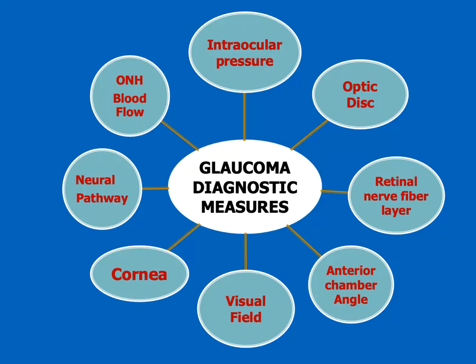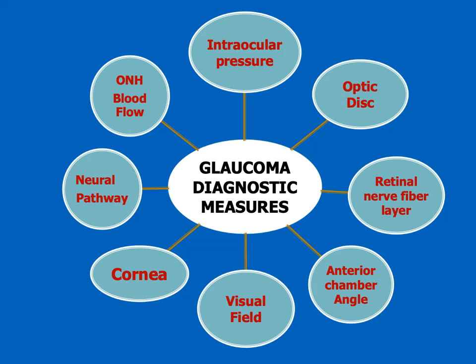Now we will move to the glaucoma diagnostic measures. How can we diagnose glaucoma? We diagnose glaucoma by examining first the intraocular pressure, the optic disc, the retinal nerve fiber layer, the anterior chamber angle, and then we do some investigations like testing the visual field, examining the cornea and corneal thickness, also the neural pathway, and also the optic nerve head blood flow.